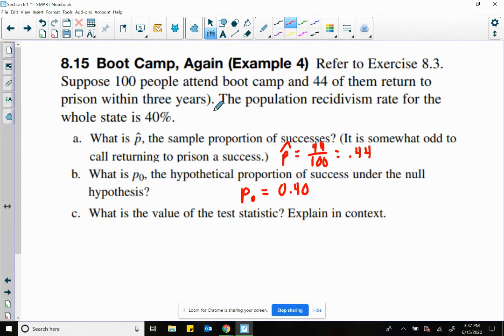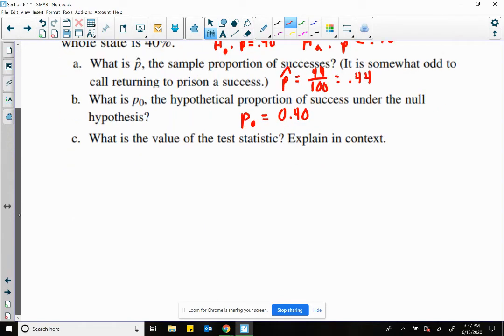And again, back here, remember when we talked about the hypothesis, which was P equal to 0.40, and then the alternative hypothesis, which is what we had to find back in that exercise, was P less than 0.40.